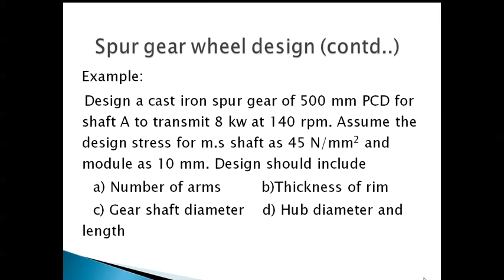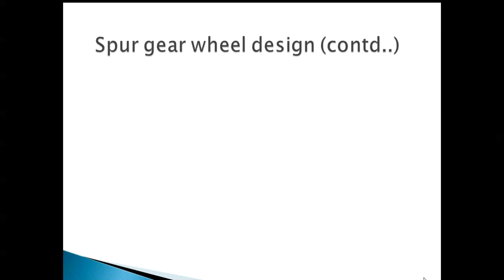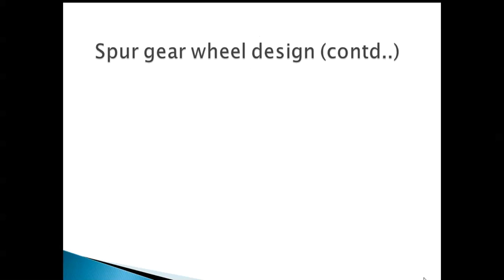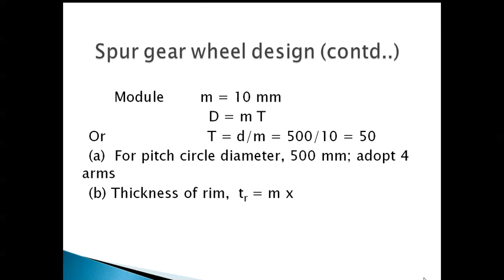From this you can find the gear shaft diameter, that is d, and the rim thickness will be found using rim thickness TR equals m into the square root of capital T by 2N.